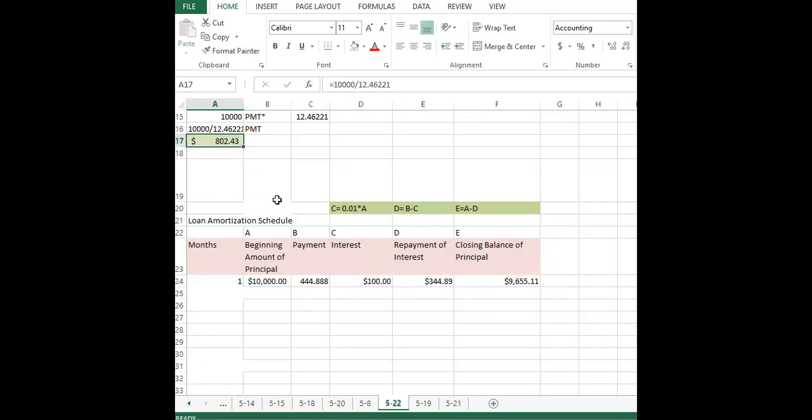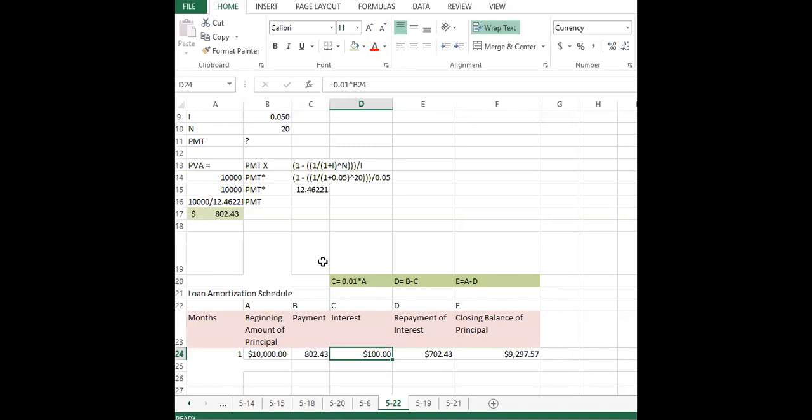The payment is 802.43. And the interest rate, you can see the percentage, is 0.05. So here we have 0.05, this one. 0.05 should be multiplied by the beginning amount of the principal.